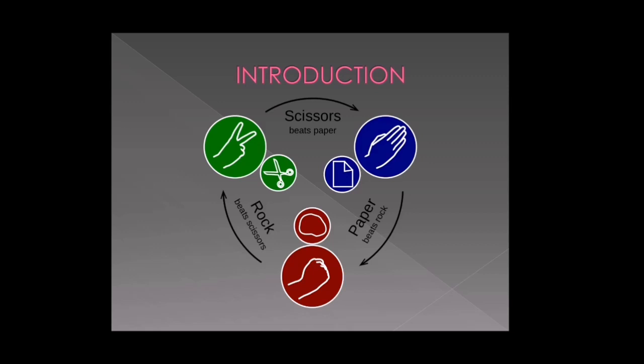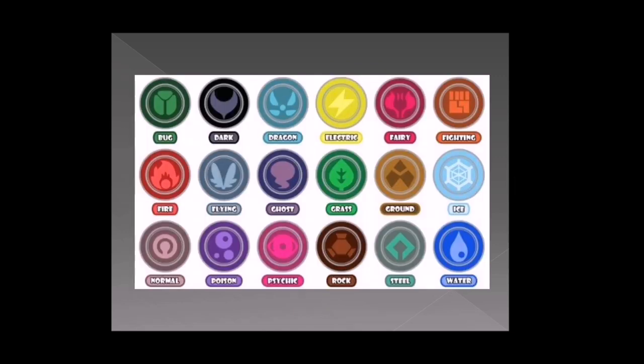Once we have that in mind, we can see that it isn't very complicated. But the thing with Pokemon is that we don't have only three elements; we have 18 of them, each one of them with their own characteristics, and it's not as simple as one beating the other, because as there are 18, we have to balance them, giving resistances, neutral damage, and immunities.